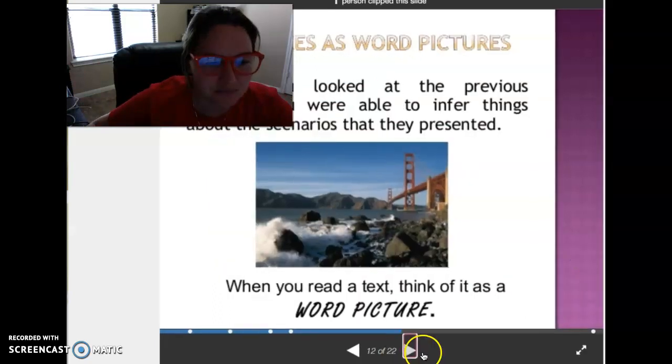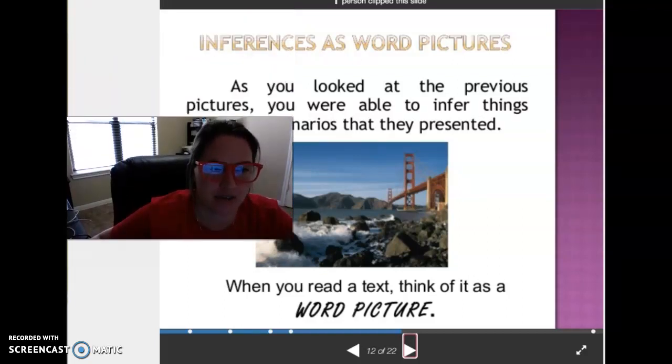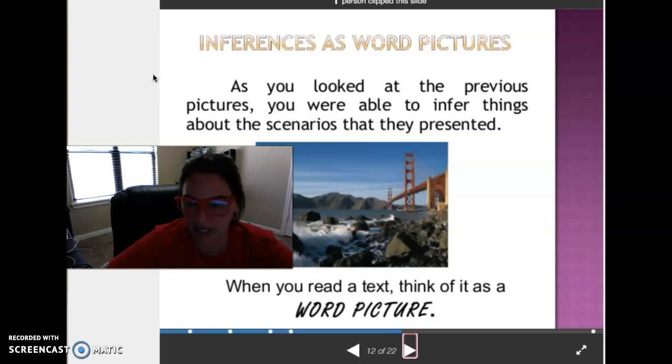All right, so let's talk about inferences as word pictures. As you looked at the previous pictures, you were able to infer things about the scenarios that they presented. So when you read a text, think of it as a word picture. We talked about watching short films, watching clips from full-length movies, and looking at comics. We've looked at a lot of things over the past couple of days in our different online lessons.